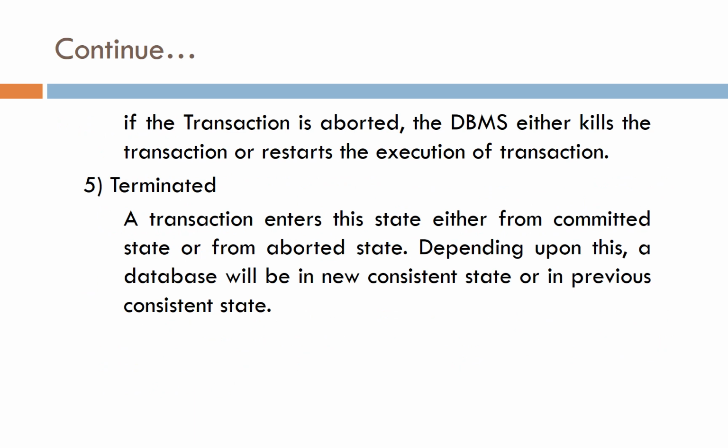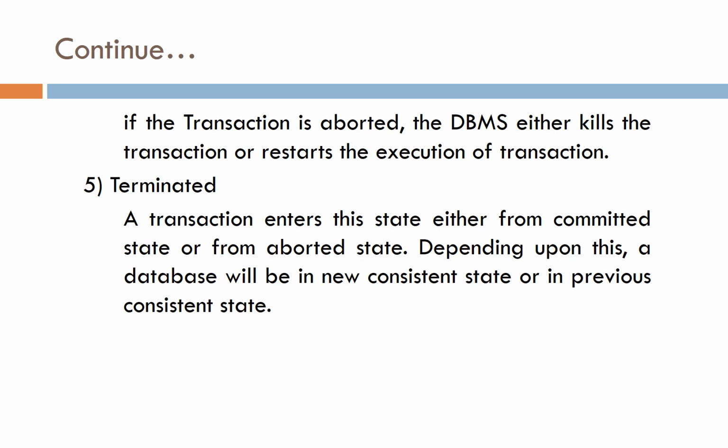If the transaction is aborted, the DBMS either kills the transaction or restarts its execution. So if the transaction enters a failed state, what can we do after this? There are two ways: either we can cancel or kill the transaction, or we can restart it again, right?